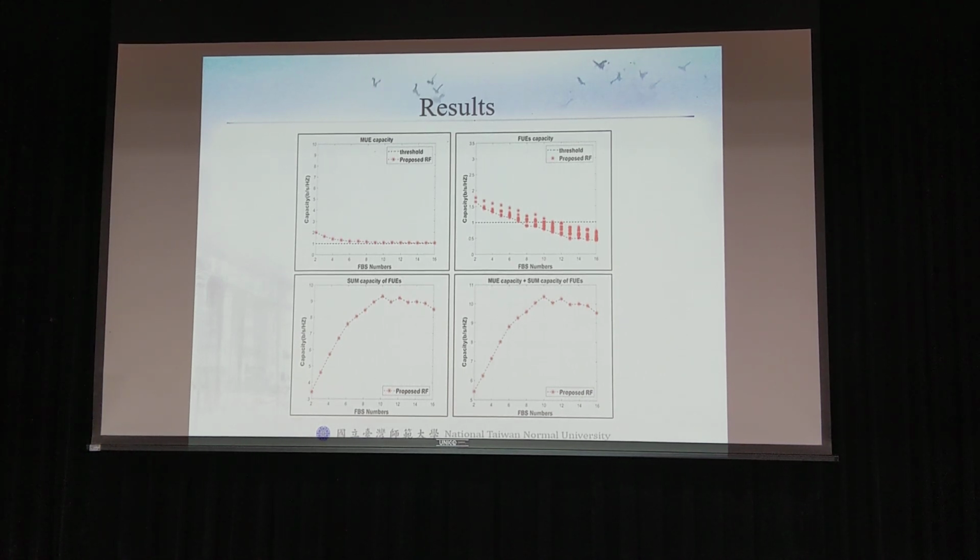It can maintain up to a maximum of 7 FBS put into the environment. And then the third figure is the sum capacity of the FUE, and the next one is the MUE capacity plus the sum capacity of the FUE.